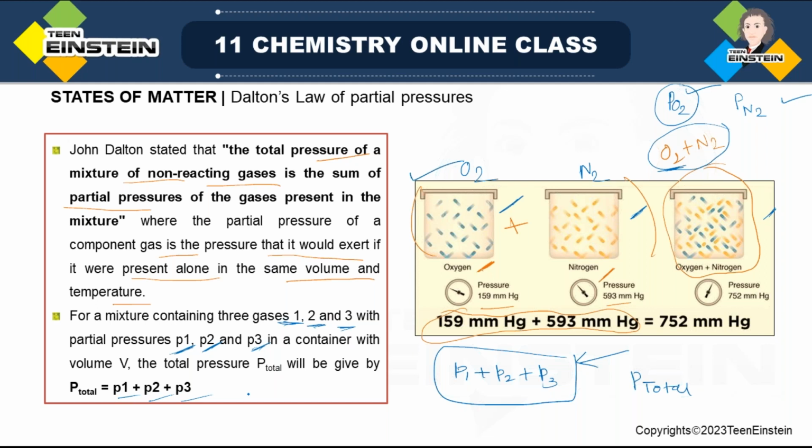Here only three gases are shown, but it is true for any number of gases, provided they are not reacting with each other. If they are reacting with each other, then this law is not applicable. And this is known as Dalton's law of partial pressures.